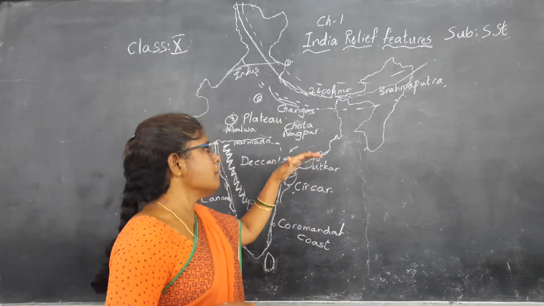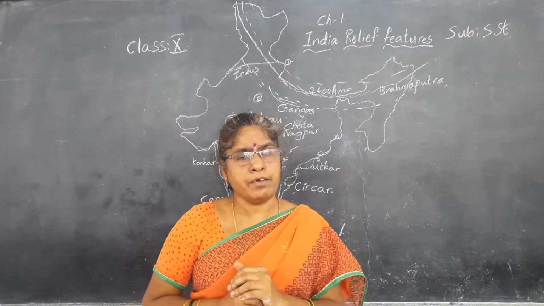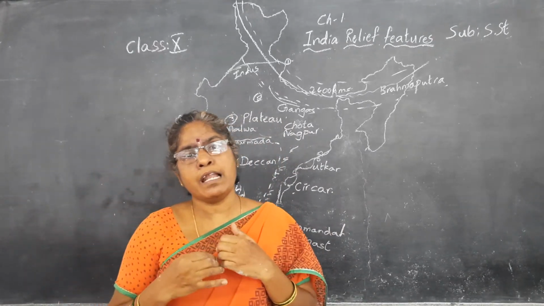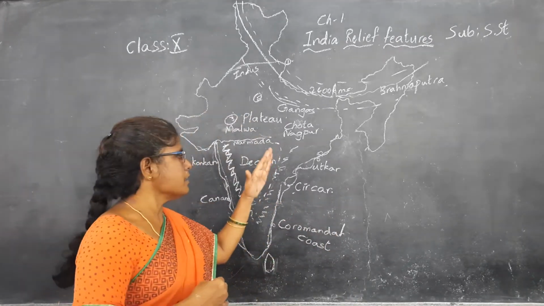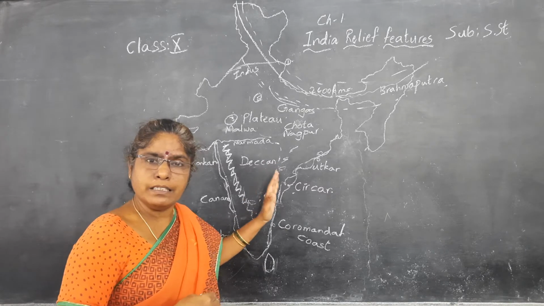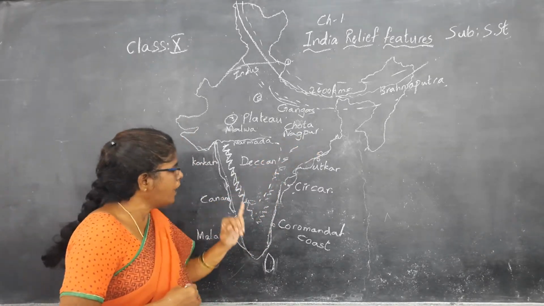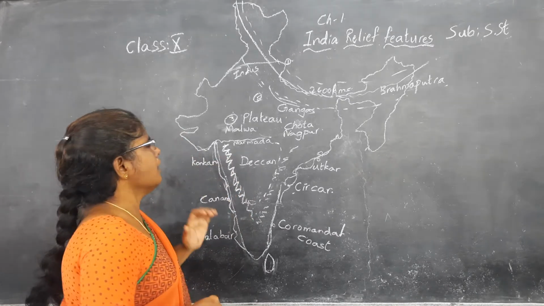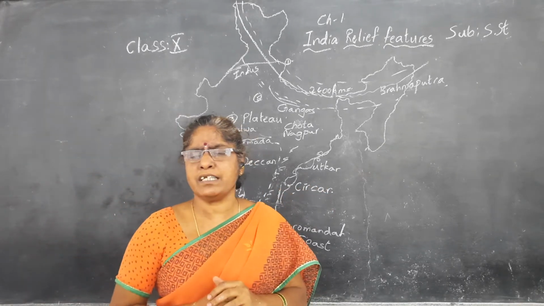It is in the Visakha agency areas. Nallamala Hills, Velikonda, Papikondalu, and Seshachalam Hills all come under the Eastern Ghats, and they join with the Nilgiri Hills. Okay, that is about the eastern coastal plains, Eastern Ghats and Western Ghats.